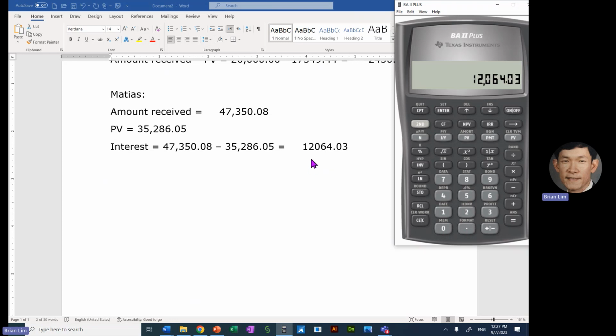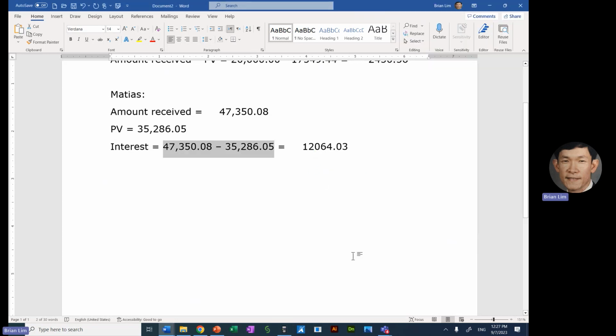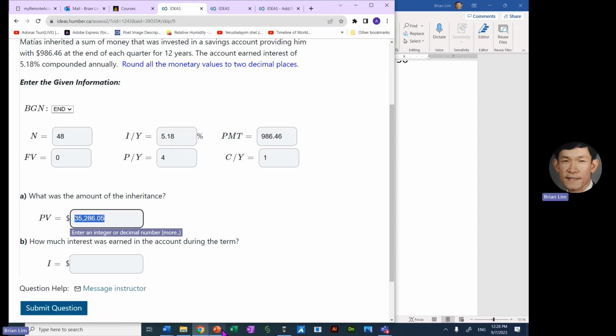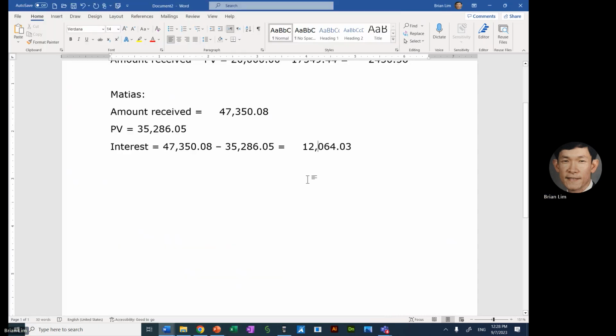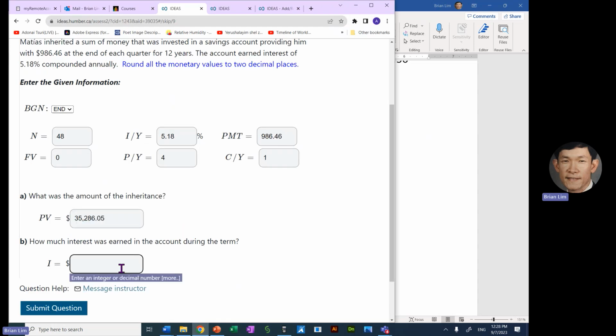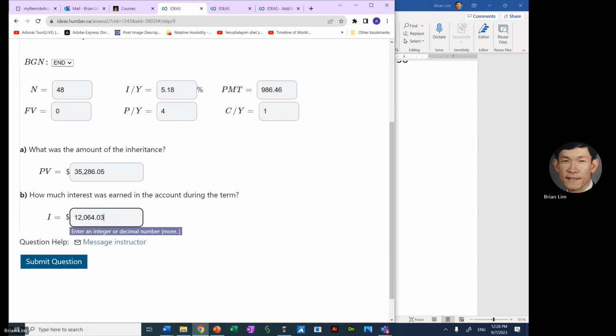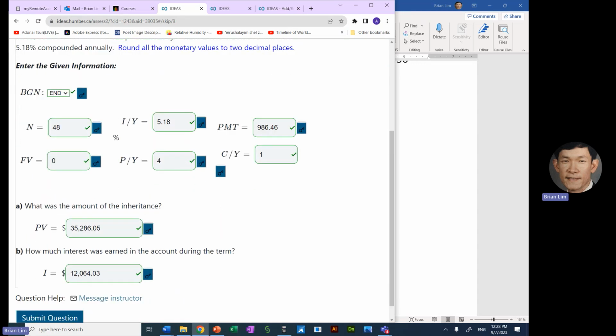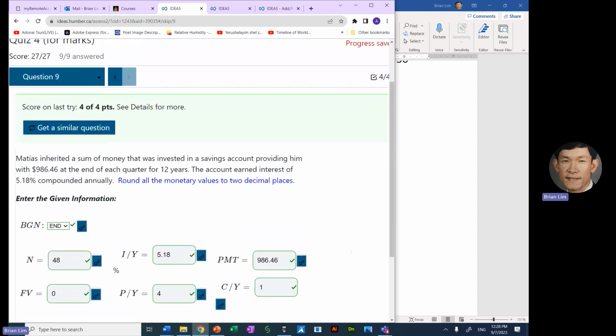And the answer is 12064.03. Let's put in the comma, and I do not have it there, so I will copy and paste. And hopefully all is well, and all is well.